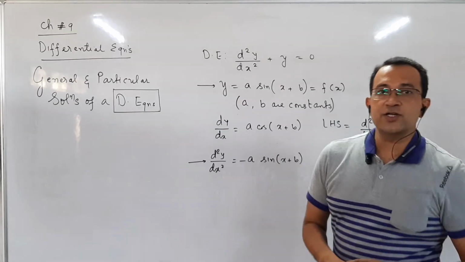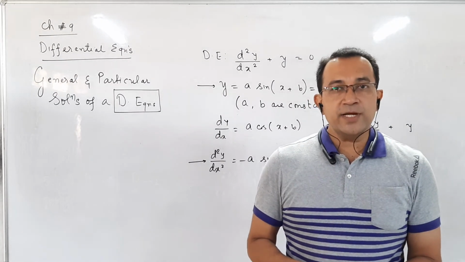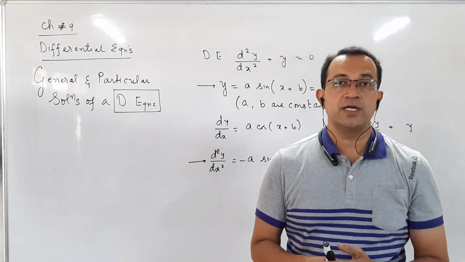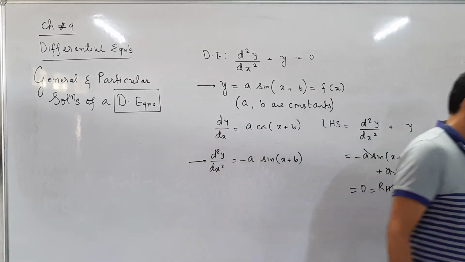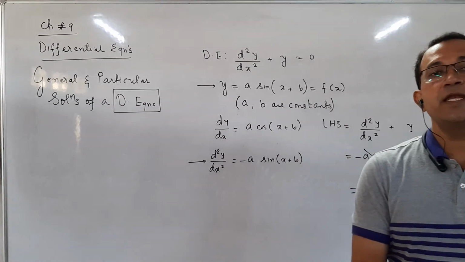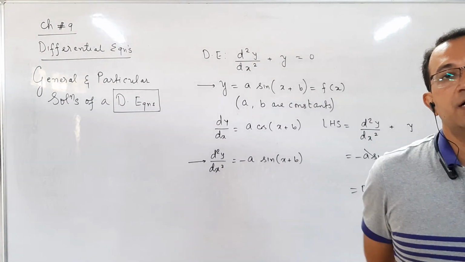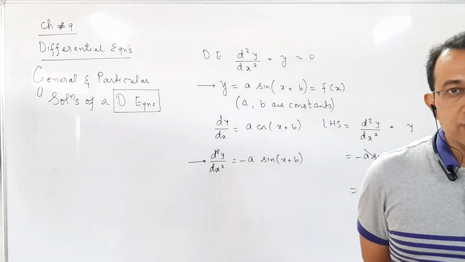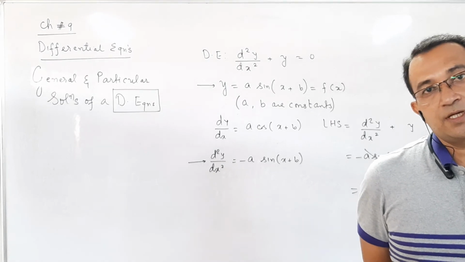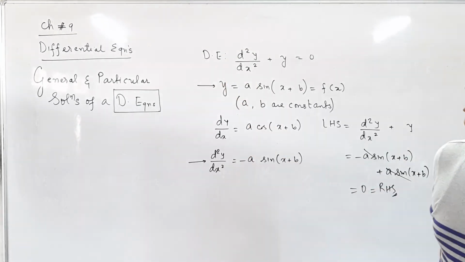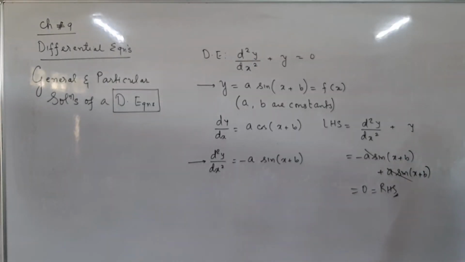So a generalized function having arbitrary constants which satisfies the given differential equation is called a general solution of a differential equation. In that function, when constants are generalized, such a solution becomes a general solution.